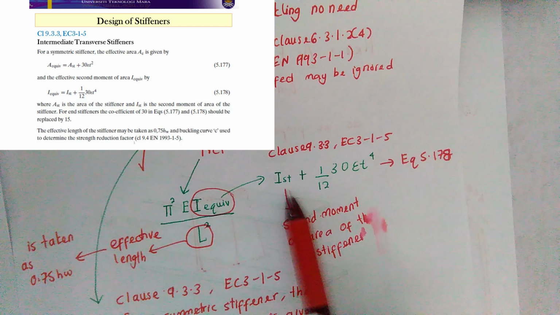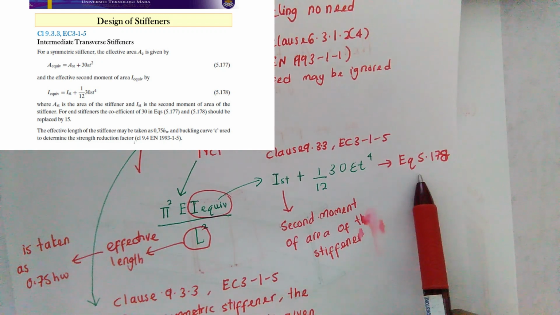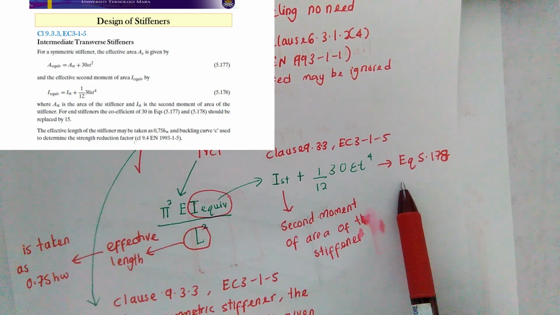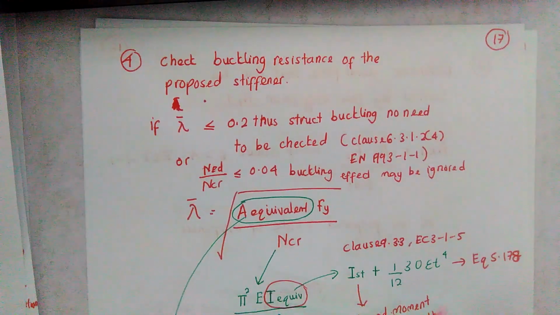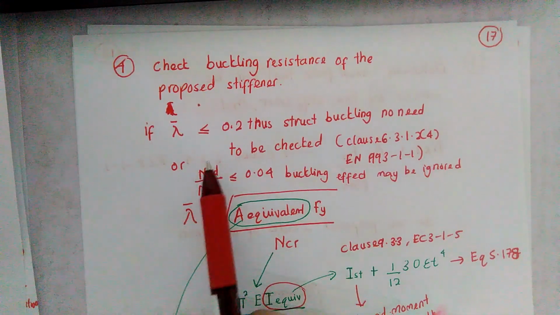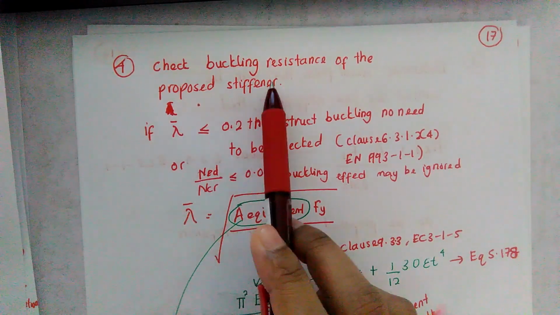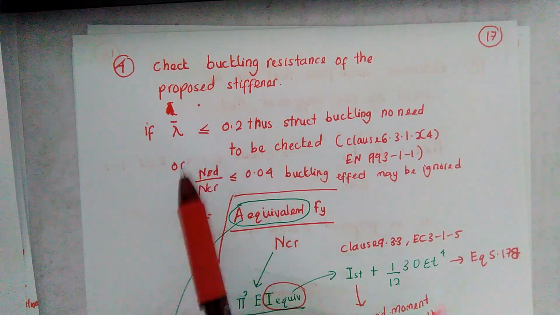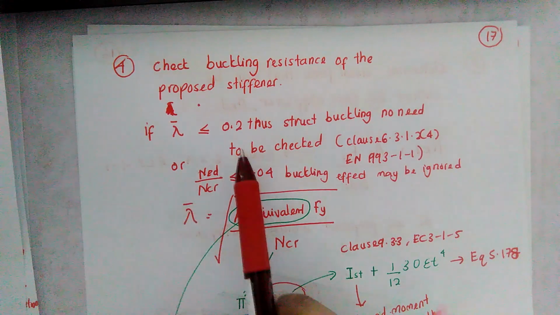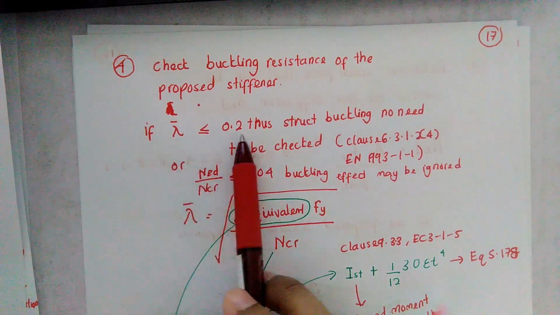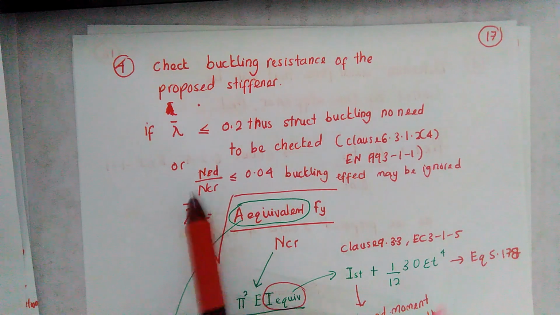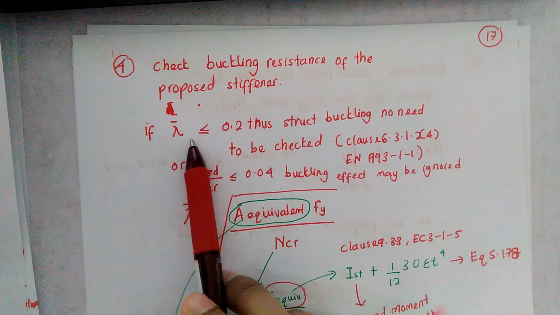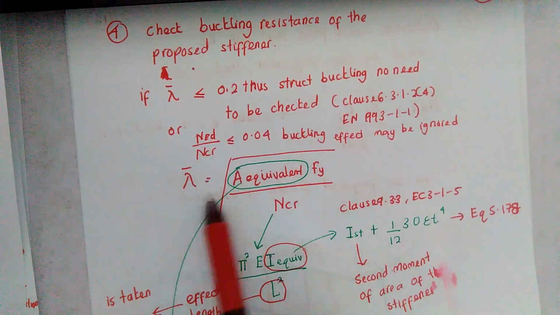These equations you can get from equation 5.178, which is in these slides. So our job now is to check whether the buckling resistance check of the stiffener needs to be carried out or not, by referring to the size that we proposed earlier. We need to check whether lambda is lesser than 0.2, or we can use N_Ed over N_cr less than 0.04. In this case, we use lambda, in which these are the equations.